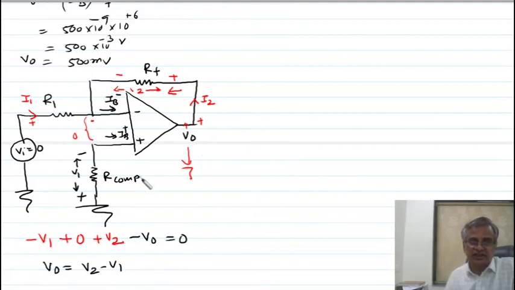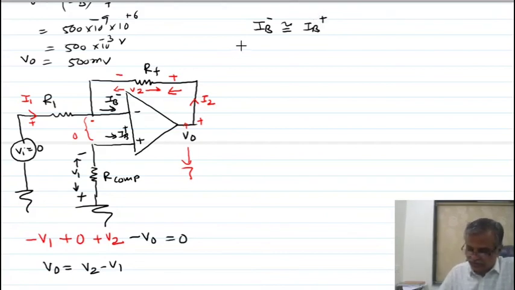As a result, the error produced due to the bias current is reduced. Let us see how to derive the value of R compensated. I told you generally IB minus and IB plus are not equal, but to derive the value of R compensated I am taking IB minus nearly equal to IB plus.